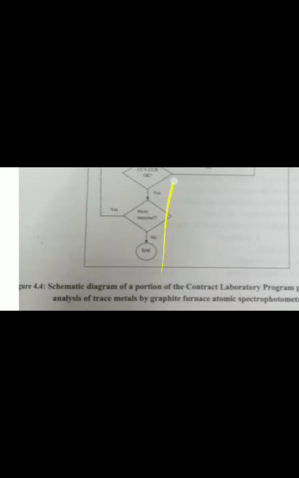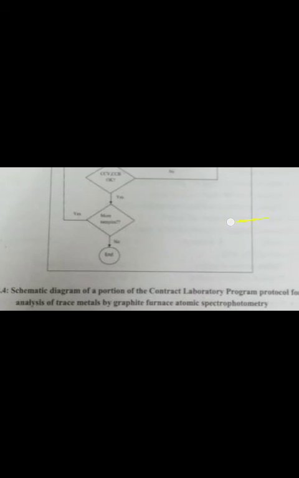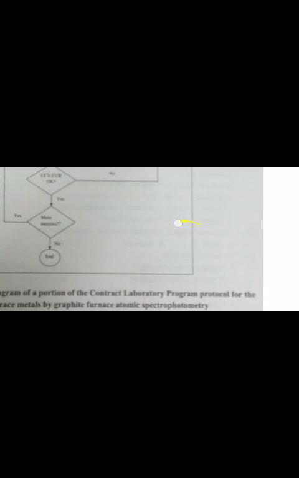In external QA or QC, the laboratory is evaluated by an external agency, for example, the Environmental Protection Agency's contract laboratory program. See here, this is a schematic diagram of a portion of the contract laboratory program.